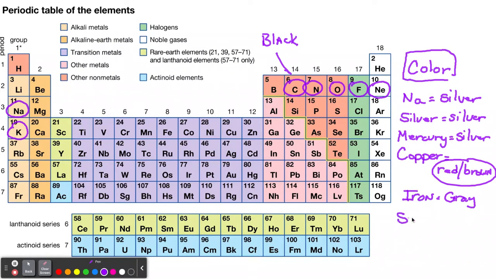Sulfur is yellow. So color can tell you some characteristics of the elements. And I'm sure we know the color of gold. Gold is gold, and there's silver on top. So color is one characteristic of physical properties.